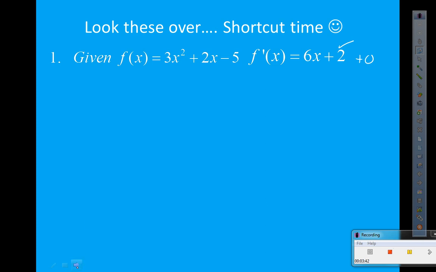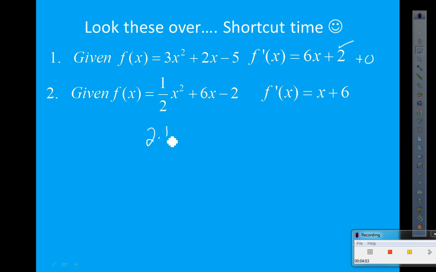So check out this one. 1 half x squared plus 6x minus 2. We're at the point now I want you to just be able to look at that and know the derivative. The derivative is 1x plus 6. Picture this again. 2 times 1 half. 2 times 1 half is 1. x to the 2 minus 1.